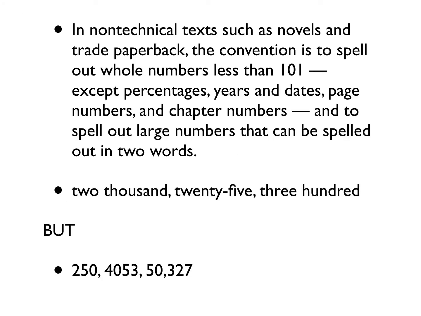In non-technical texts, such as novels and trade paperbacks, the convention is to spell out whole numbers less than 101, so 0 to 100, except percentages, years and dates, page numbers, and chapter numbers, and to spell out large numbers that can be spelled out in 2 words.